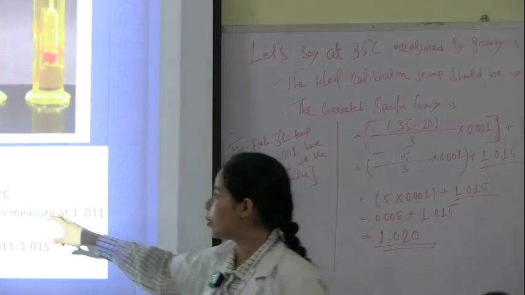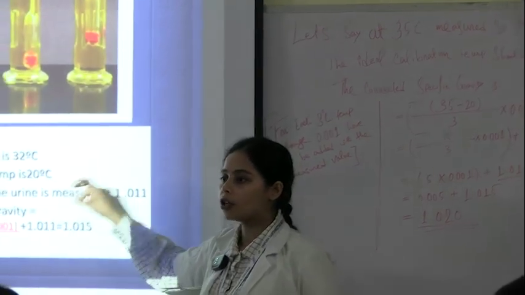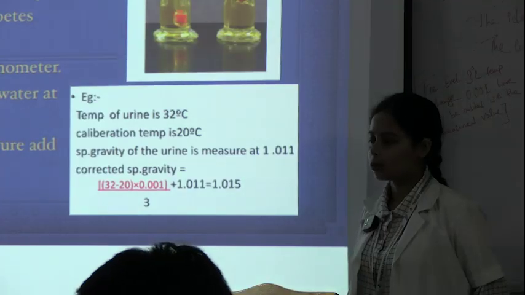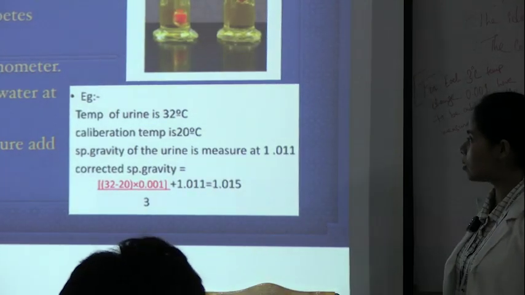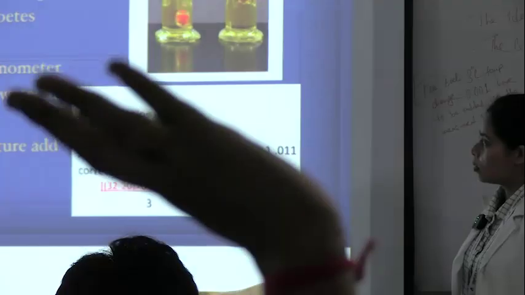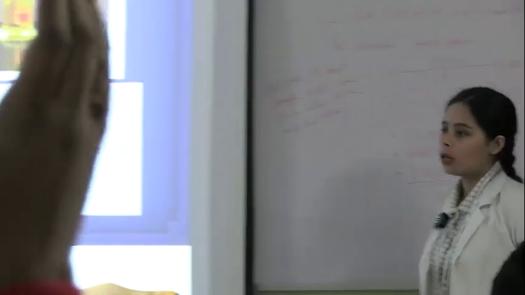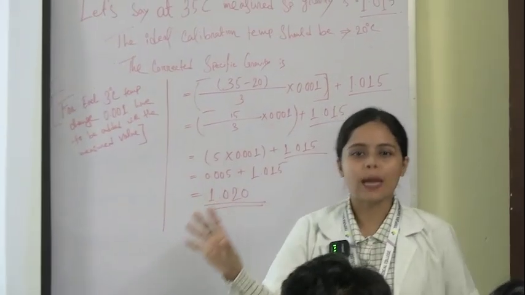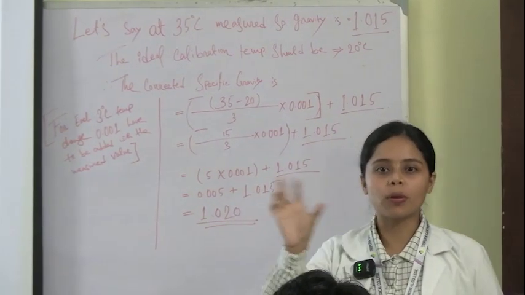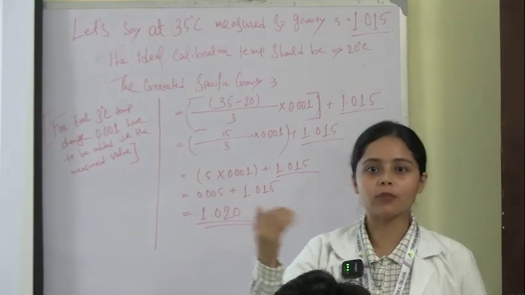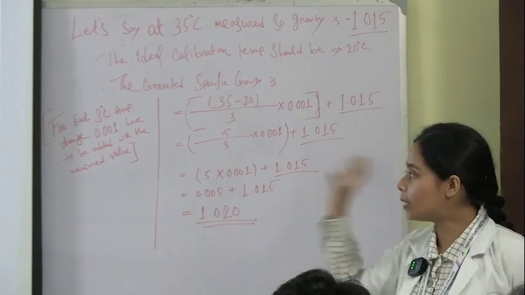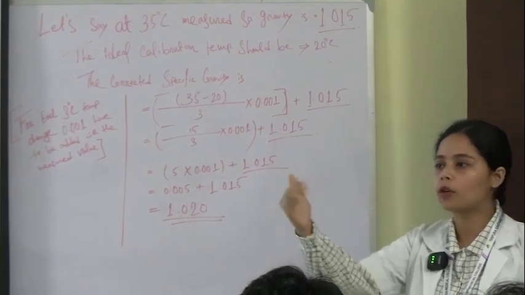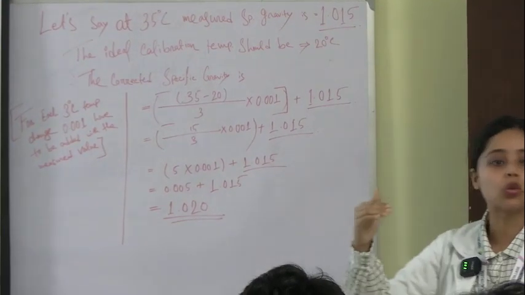Okay, the calibration temperature should be 20, and when you are checking the temperature, maybe 32 or 35, whatsoever the temperature is. This is a little bit of maths. Did you understand or should I repeat again? That is the fixed temperature, you can say, some normal fixed value. The ideal temperature should be 20 degree, but we cannot always change the temperature to 20 degree.